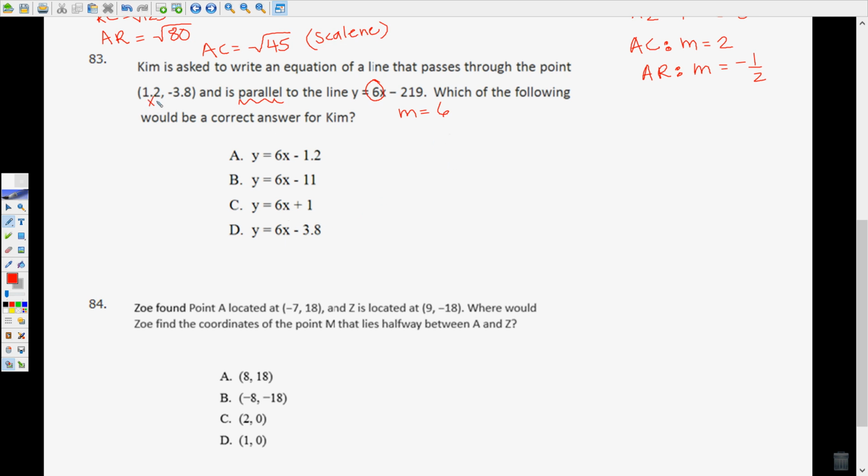But this would be your x1 and your y1, so you can use the point-slope equation. y minus y1, negative 3.8, equals m times x minus x1, 1.2. So then you just work it out. Minus a negative is a positive. Distribute your 6 through, get 6x minus 7.2. Subtract 3.8 from each side and get 6x minus 11. So for this one, your answer is B.